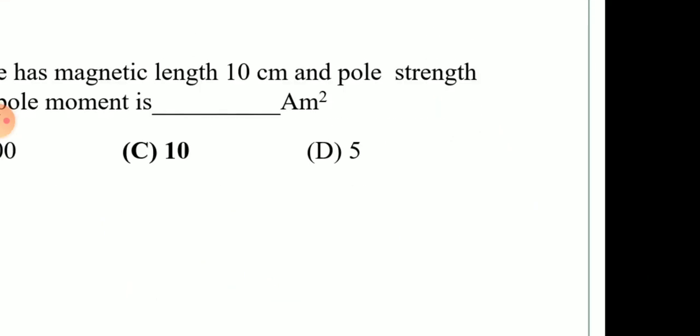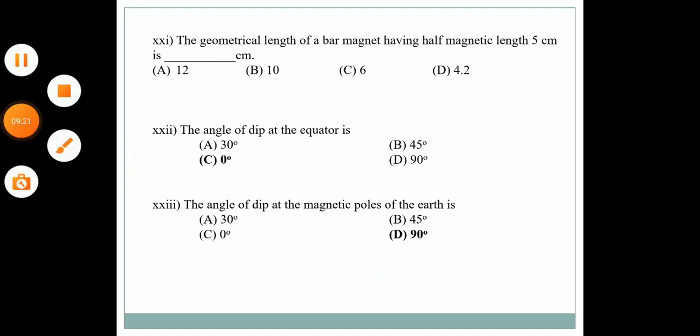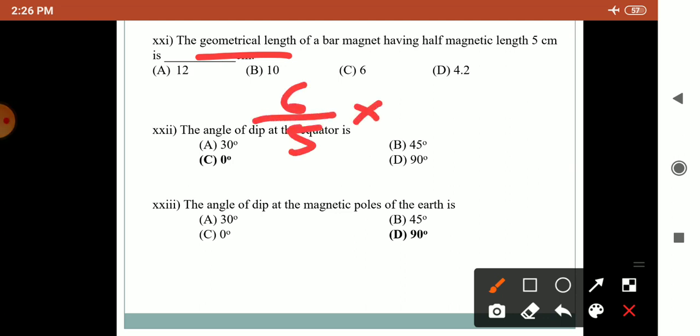Then next question: the geometrical length of a bar magnet having half magnetic length 5 centimeter is? Here the formula for geometric length is 6/5 into magnetic length. Here the half magnetic length is 5 centimeter.